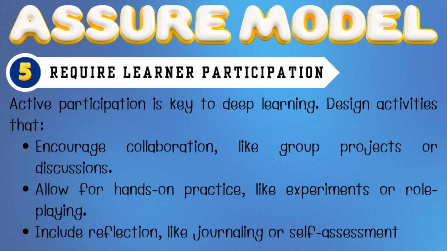The teacher should design activities that encourage collaboration like group projects or discussions. Allow for hands-on practice like experiments or role-playing, and include reflection like journaling or self-assessment. When learners are actively involved, they not only understand concepts better, but also retain them longer.